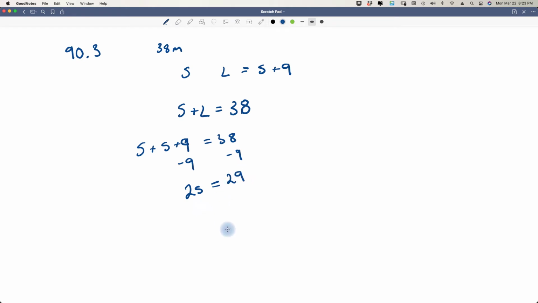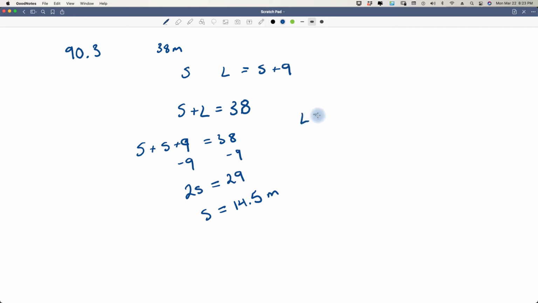And if we divide both sides by 2, the short piece is going to equal 14.5 meters, right? So if that equals 14.5 meters, then the long piece is the short piece plus 9.